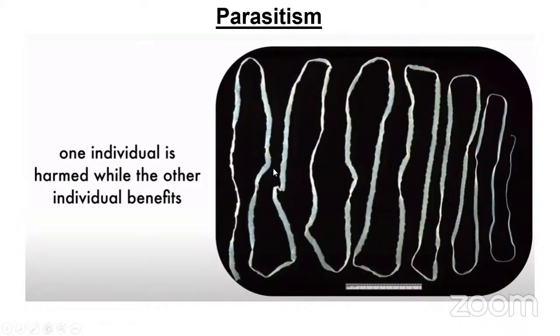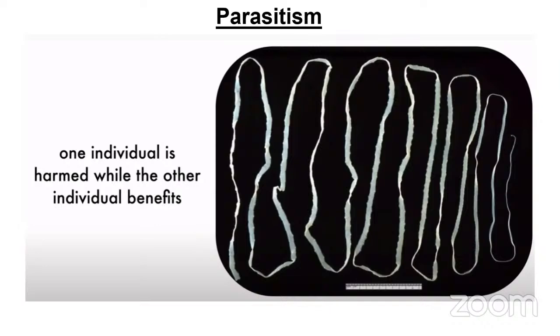Okay, so take the example of tapeworm living inside the small intestine of a human being. So what happens here? Tapeworm gets the benefit in the sense that it thrives on the digested food of the human being, but the human being is not getting any benefit out of that.